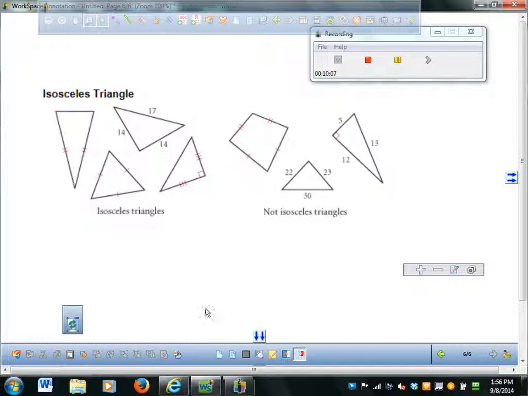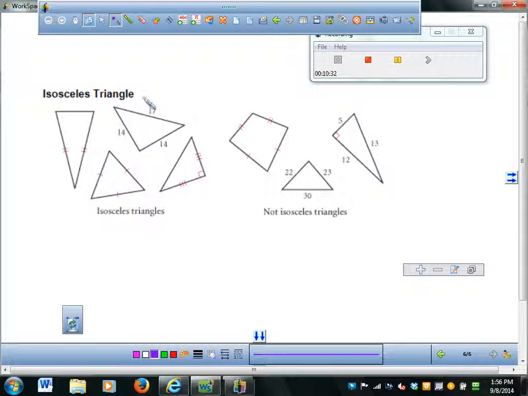Who can tell me what is an isosceles triangle? I see your hand up there, Izzy, but I haven't picked on Danny. Go ahead. It's a triangle where two of the sides are the same length. Very good. A triangle with two sides congruent, okay?